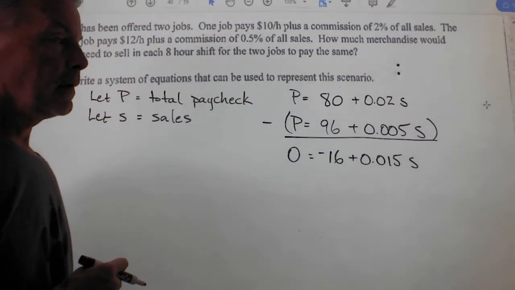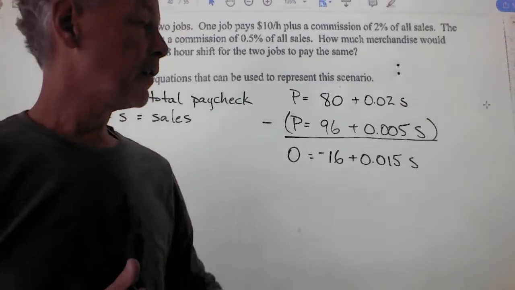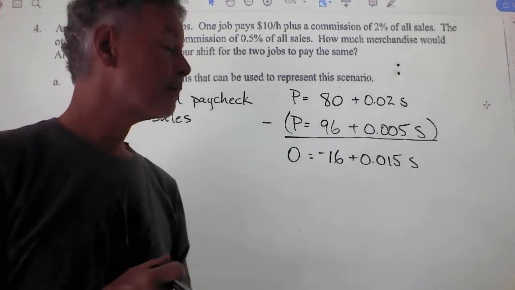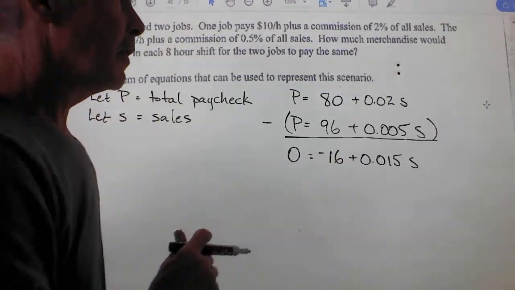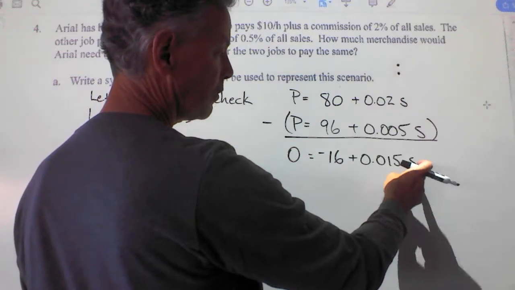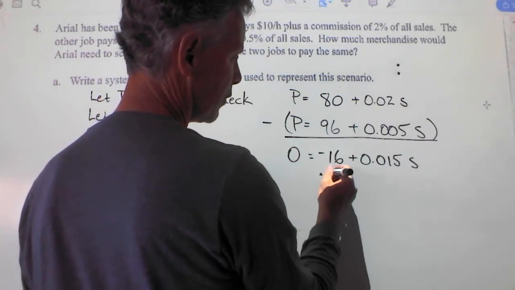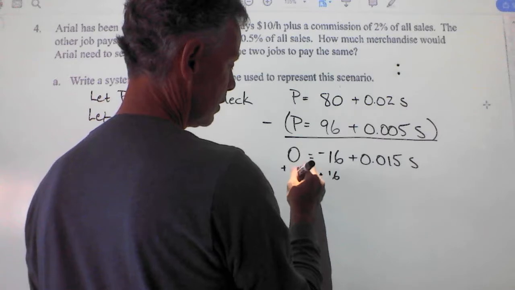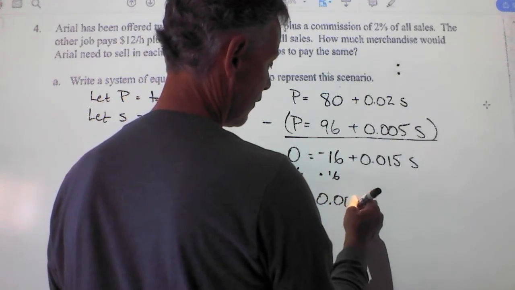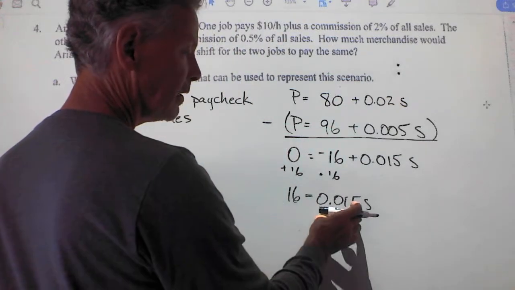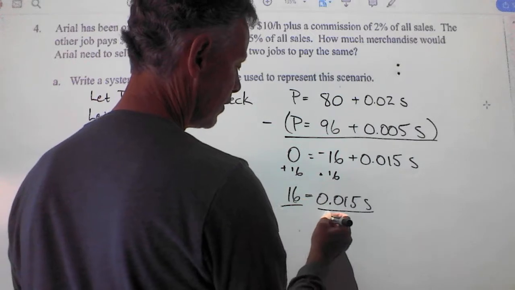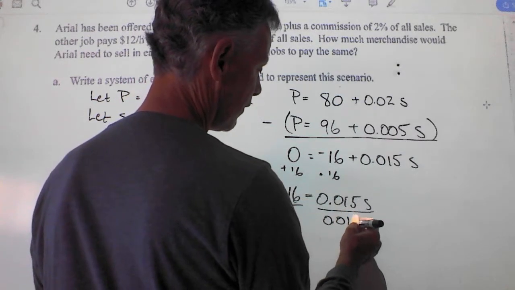Okay? What does that do for us? That eliminates one of our variables. That's why it's called elimination. By eliminating one of the variables, we can then isolate S. So we're going to get an S all alone. We'll add 16 to both sides. That gives us 16 equals 0.015 S. And then to get rid of this 0.015, we simply divide both sides by 0.015.